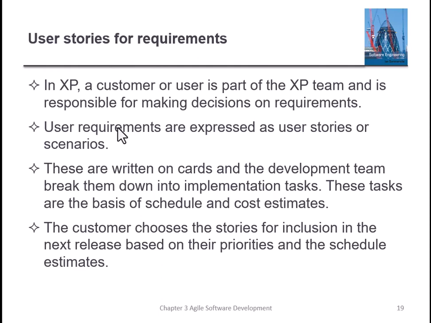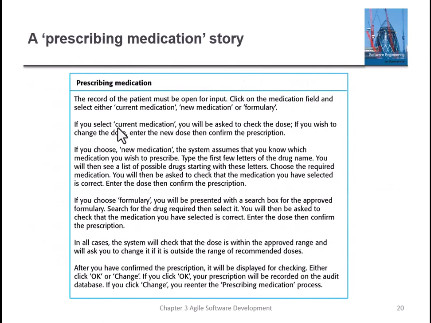These are written on cards, or noted somewhere in a database, and the development team breaks them into smaller implementation tasks. These tasks are the basis of schedule and cost estimates. The customer chooses the stories for inclusion in the next release based on their priorities and the schedule estimate.